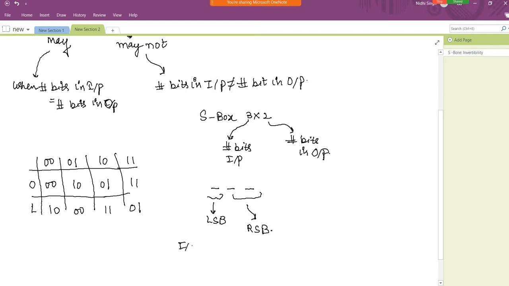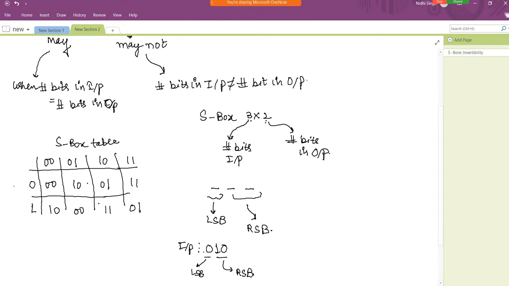In this example, my input is 0, 1, 0, and we have to perform the substitution over the bits by using the S box table. After the substitution, my output will have only 2 bits because the size is 3 cross 2. As you know, the first bit is indicated as the LSB and the 2 remaining bits are indicated as the RSB.